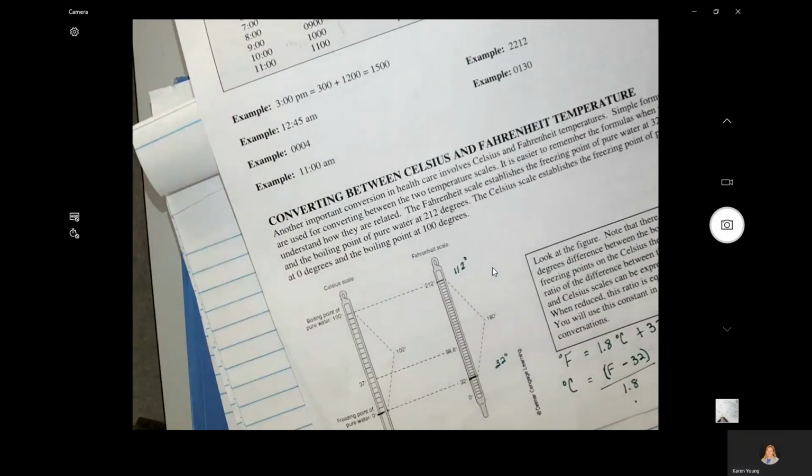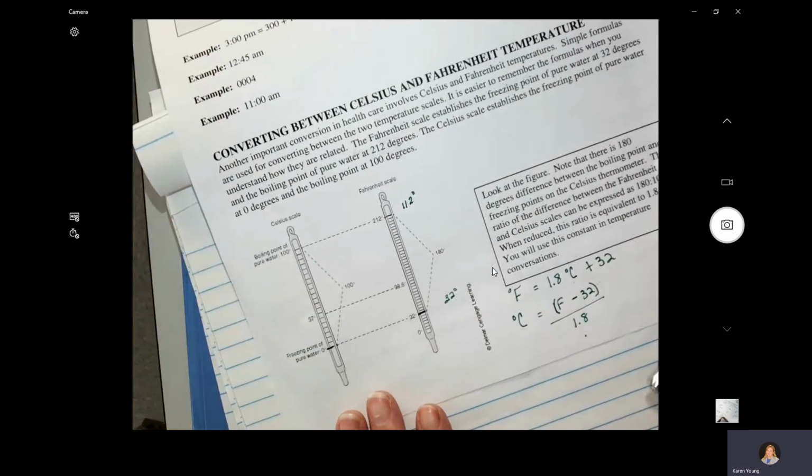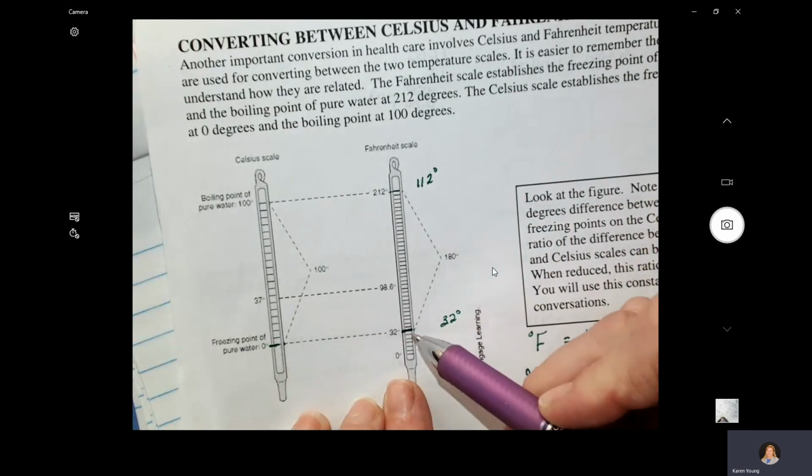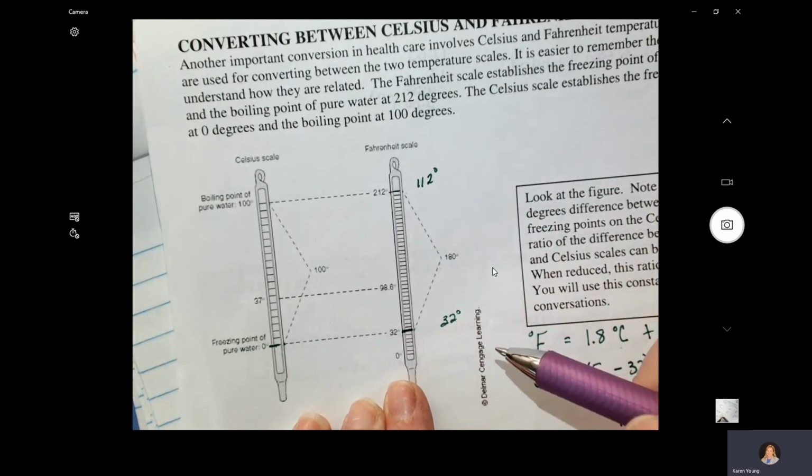Now, the last thing is temperature, and we're talking body temperature. When we take our temperature, we take it in Fahrenheit. 98.6 is normal temperature in Fahrenheit. 32 degrees is freezing in Fahrenheit.